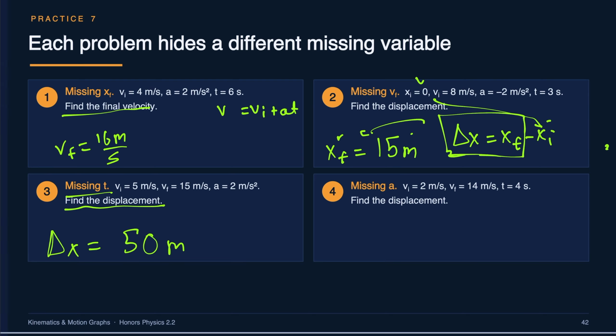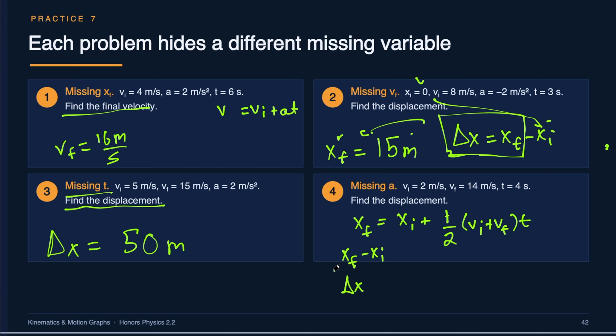You're missing acceleration, and you want to find the displacement. So what's the equation that misses acceleration? This one. Yep, this one. I mean, they didn't tell you that it's constant acceleration, but let's assume it's constant acceleration, okay? Now, S_f minus S_i becomes the displacement.